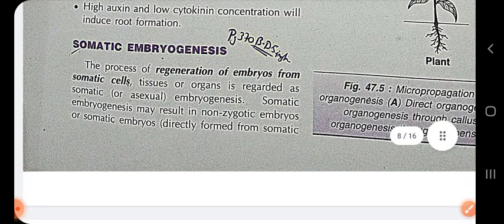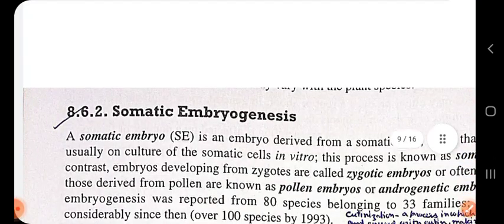Somatic embryogenesis may result in non-zygotic embryos or somatic embryos. So it is not like sexual propagation, where there is a contribution of genetic material from the male plant via the pollen grain and the female plant via the ovum, but non-zygotic embryos are formed directly from the somatic cells of the explant.